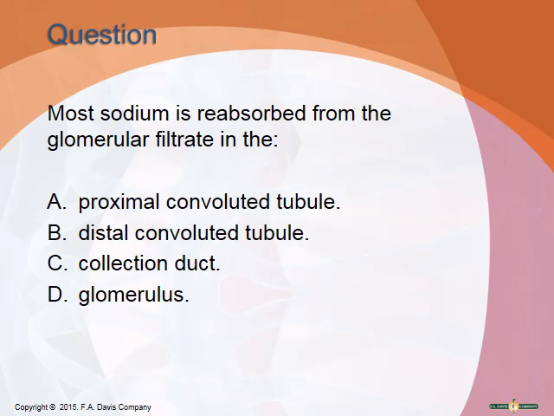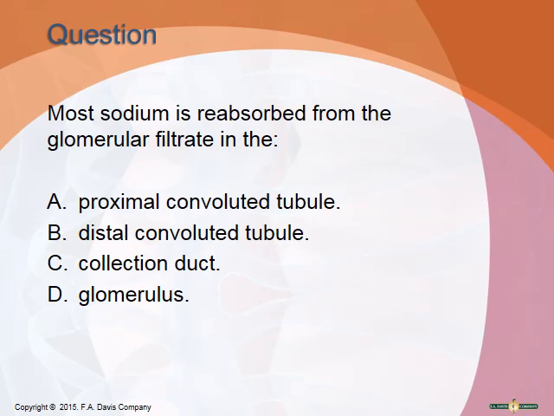So most sodium is reabsorbed from the glomerular filtrate right away in that proximal convoluted tubule, as are lots of things like glucose, like water, etc. The distal convoluted tubule has some reabsorption of water, salts, and potassium.